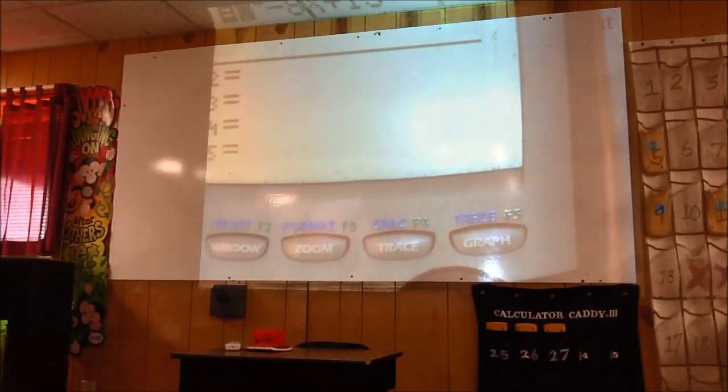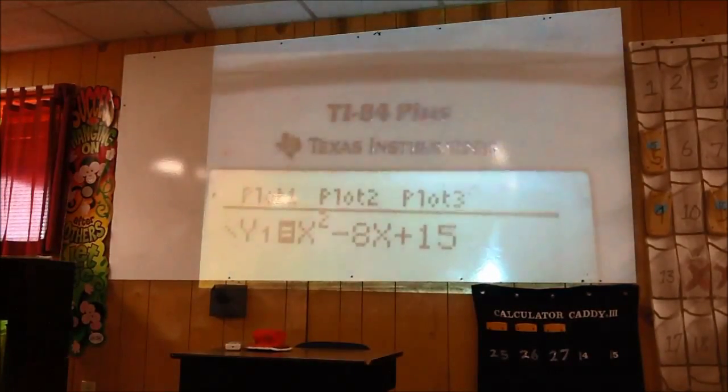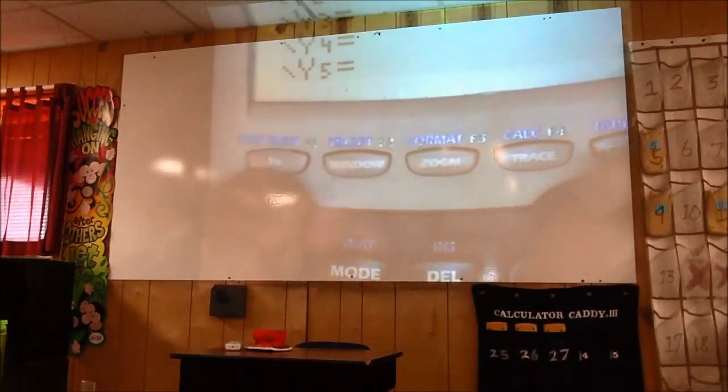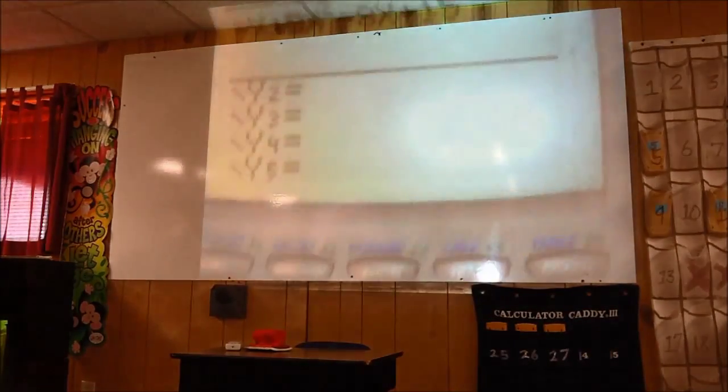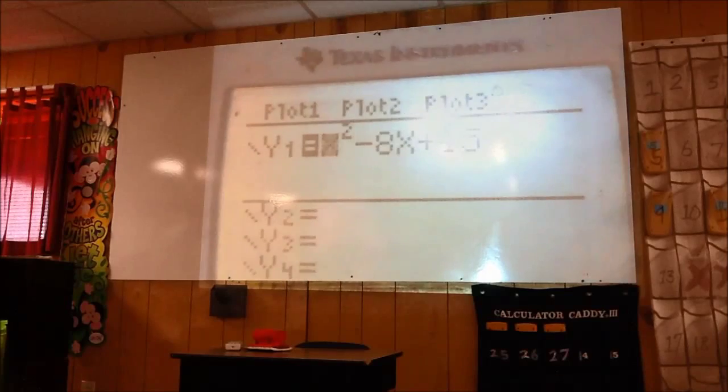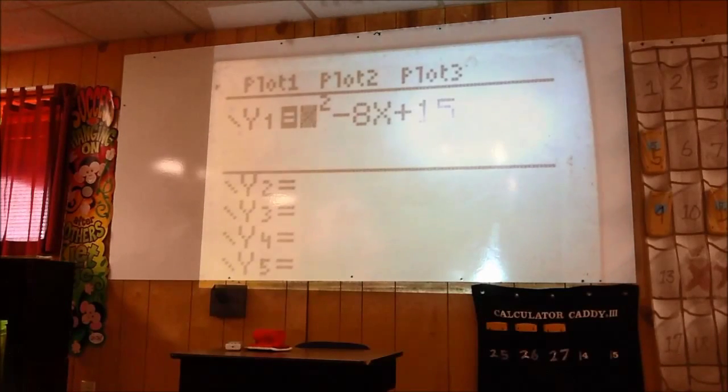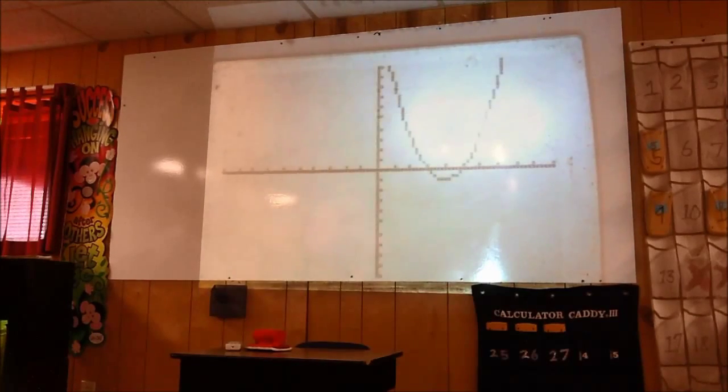To access your y equals table, you hit this. Oh, I'm sorry, this button right here. It says y equals. It should pull up a chart like that, and we're typing in x squared minus 8x plus 15, and when you hit graph, there it is.